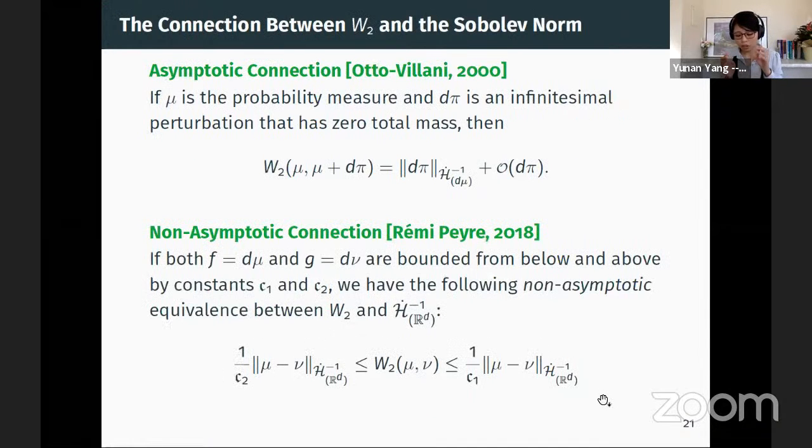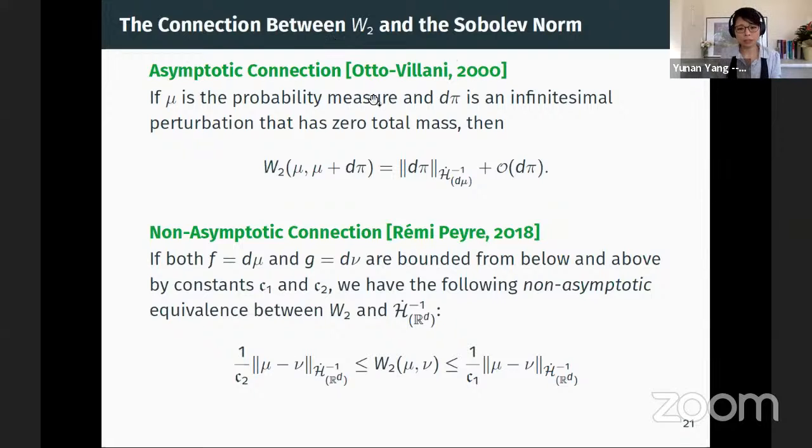And the third way, or an alternative way for me to interpret why we see such noise robustness from the Wasserstein distance, is its intrinsic connection with the Sobolev norm. Here there are at least two results, one recent and one from 20 years ago, about the connection with the Sobolev norm.